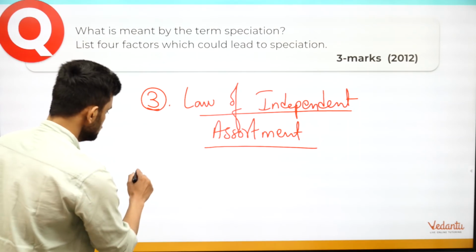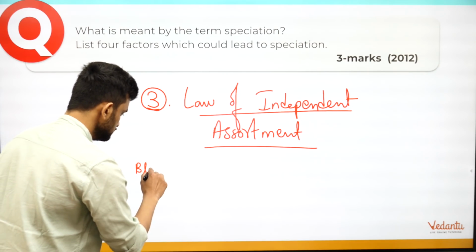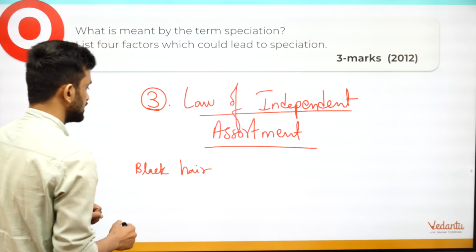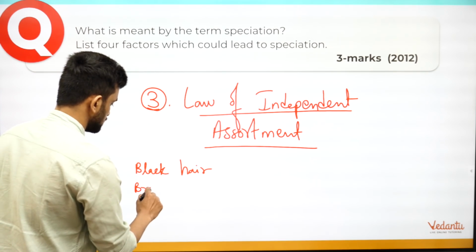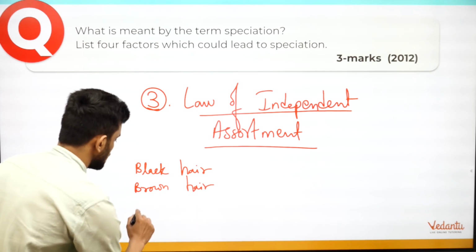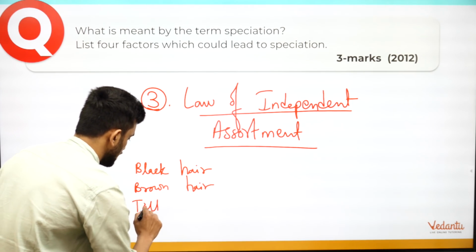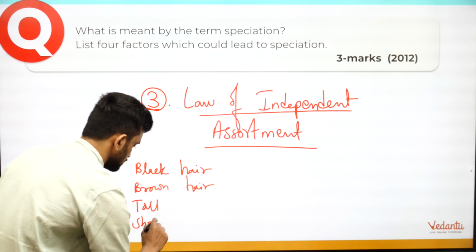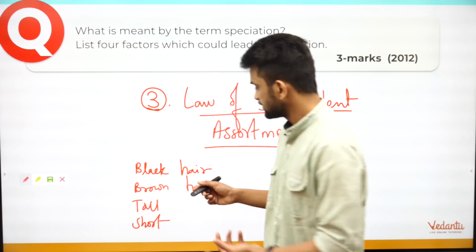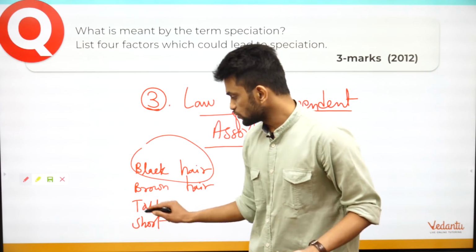Okay, say black hair and brown hair, and we have tall height and short. Now anything is possible. It doesn't mean that if black hair, we should have tall.